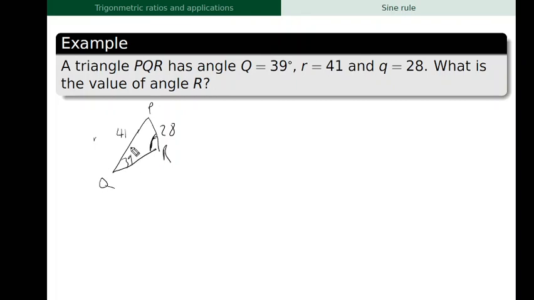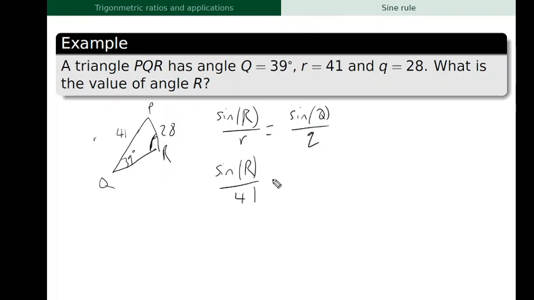We want to find the angle R, this angle here. So what do we know? We know a lot about Q. We can use the sine rule by going sine of R on r is equal to sine of Q on q. Now, we don't know sine of R, but we do know little r.